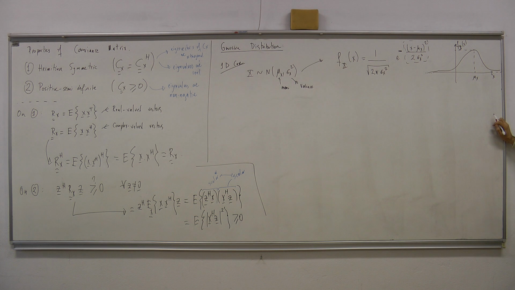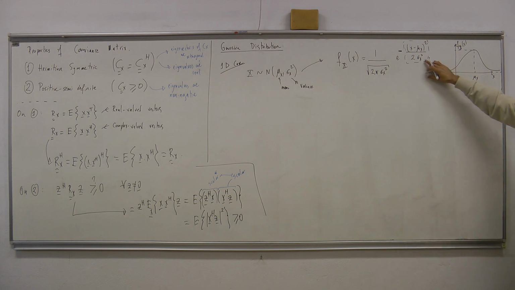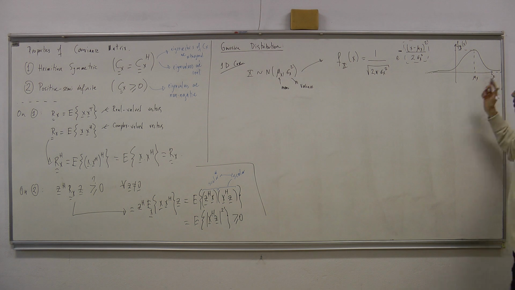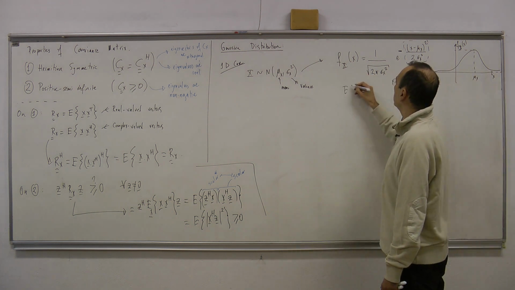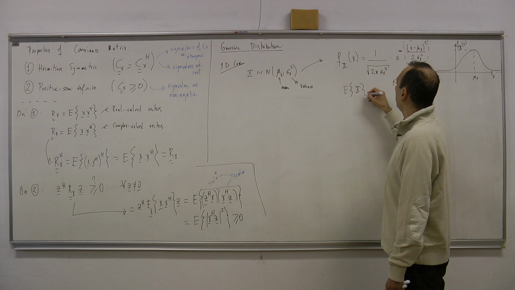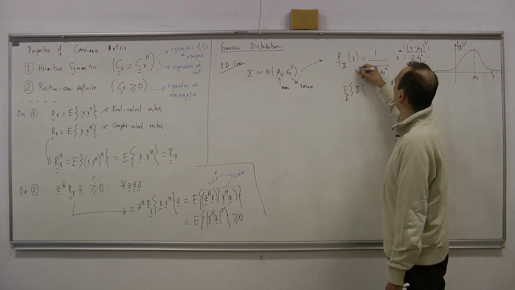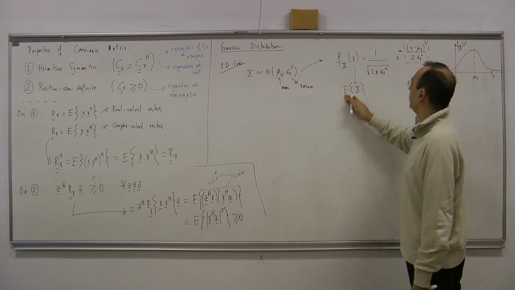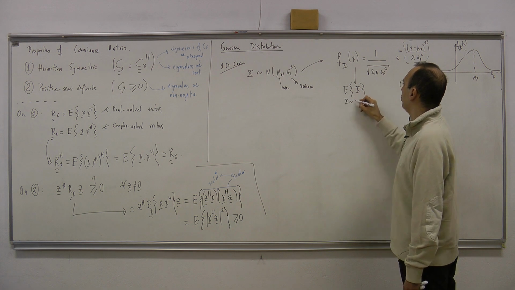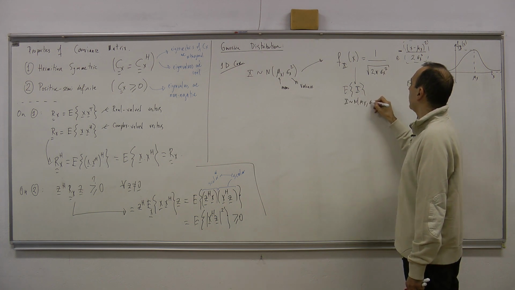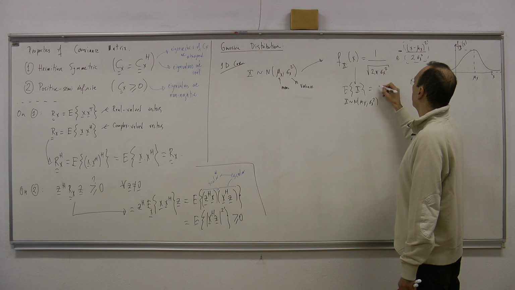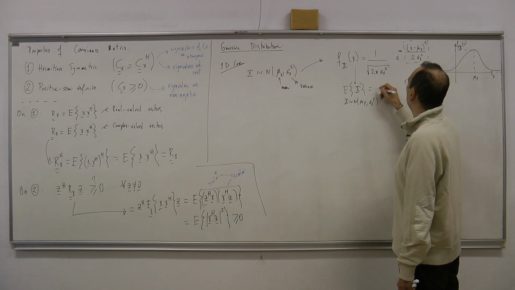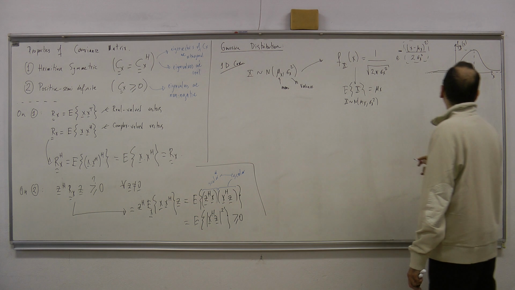It takes a value according to this term. So how do I interpret this? We haven't said so, but if this is the density of random variable x, Gaussian, let me write x distributed N(mu x, sigma x squared), then no surprises, this is the mean value mu x.